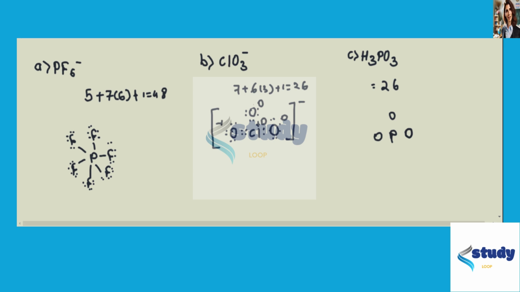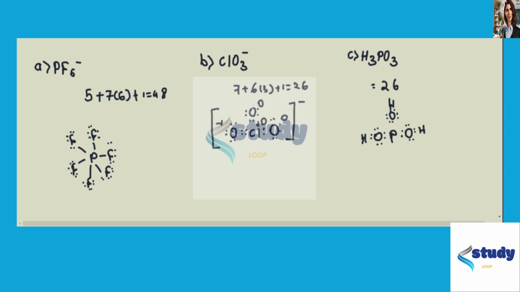I also like to put the hydrogens on the outside when I can, so I am just going to put these hydrogen atoms here on the outside. At this point, we have our skeleton Lewis structure.